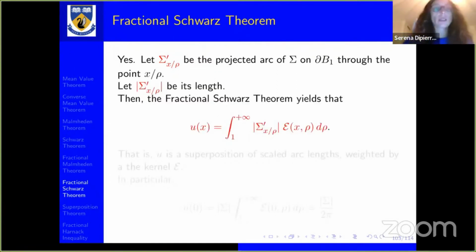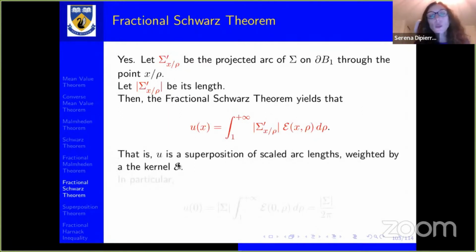And okay, this is the length, and then the fractional Schwarz theorem yields that, like in the classical case, u of x is equal to the integral from 1 to plus infinity, and then I have an integral over the boundary of B rho of the characteristic function of this object, which is just the length of this object times the kernel.